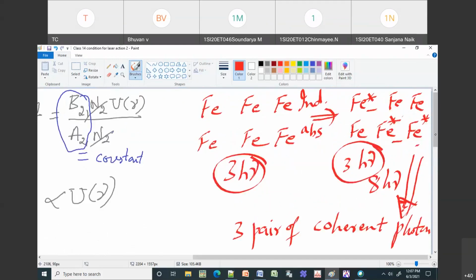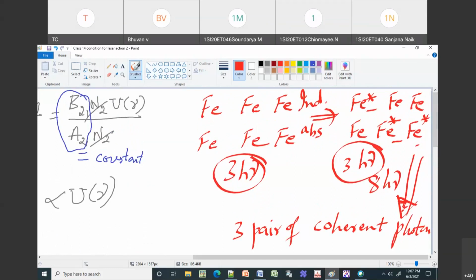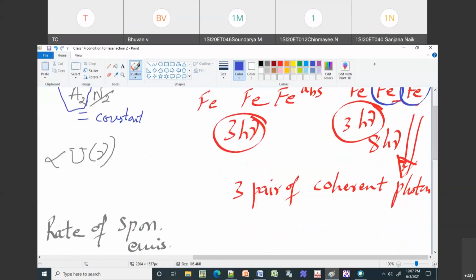If I write this again, whatever is in the stars will go to the ground state, and whatever is without a star will go to the excited state. So you will have 3 induced absorptions and 3 stimulated emissions. Even in this case, you get a higher number of stimulated emissions.